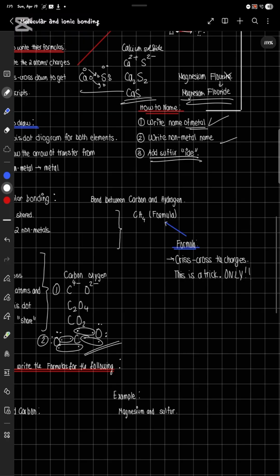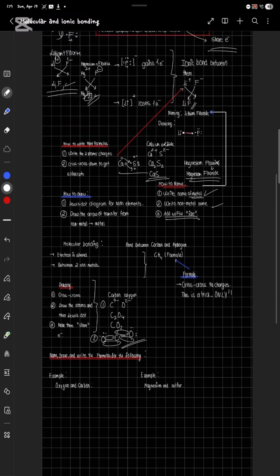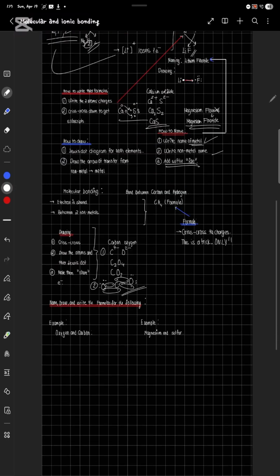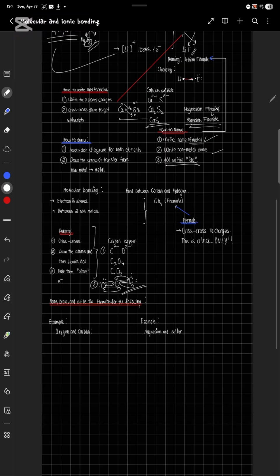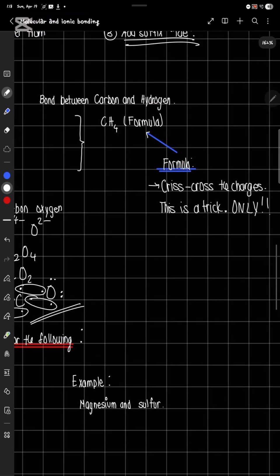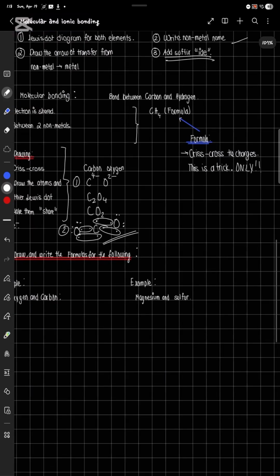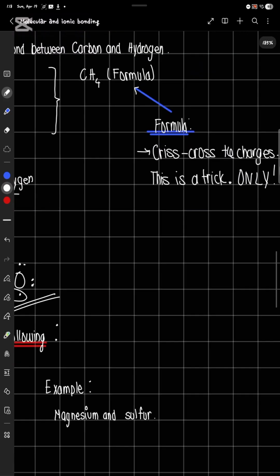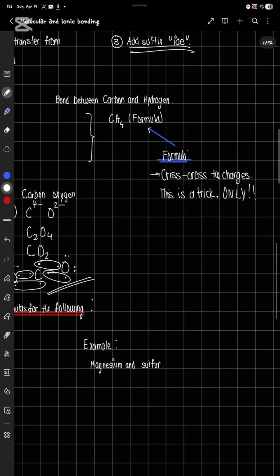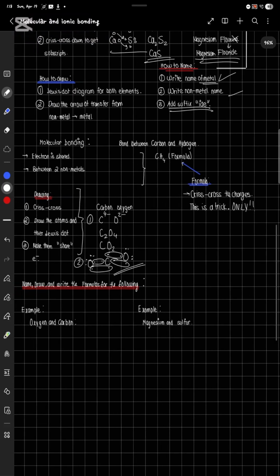There's no explanation for it. For ionic compounds, the explanation is valid. For this one, it also somehow works, but there's no real explanation for it. It just works. So that trick is just to write the charges, use the crisscross method, same as for ionic compounds, to write the formula.